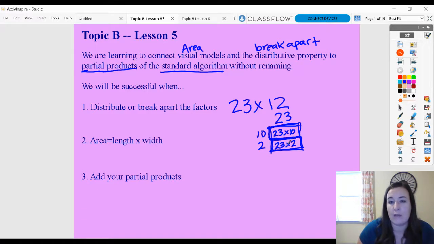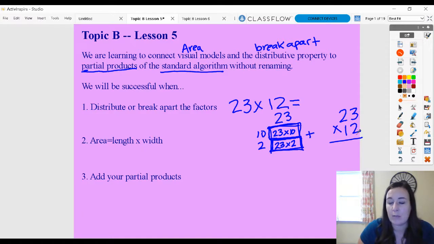So right now, what I've just ended up with is two partial products, part of the product of 23 and 12. When I'm done with that, I have to take those two partial products and add them back together. I have to put it back together for me to end up finding the correct answer. But what we are trying to do is relate it to this idea of the traditional multiplication, which would be this.